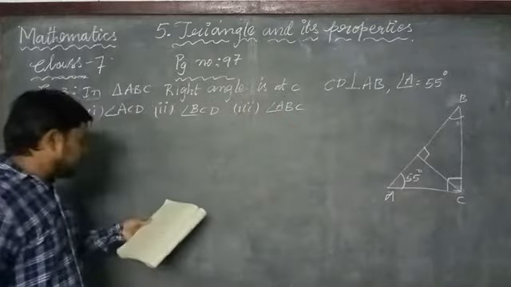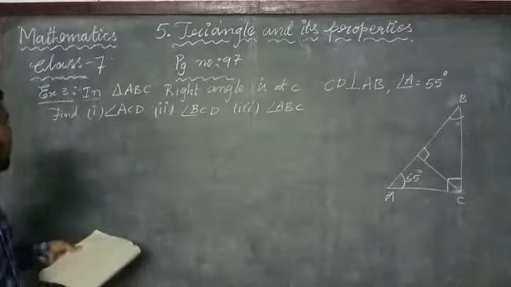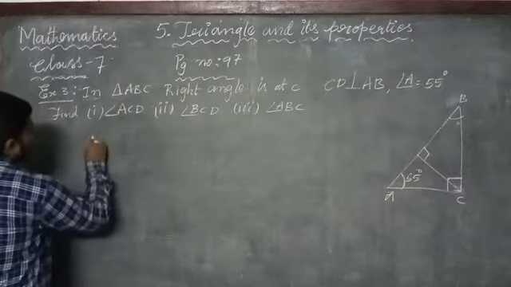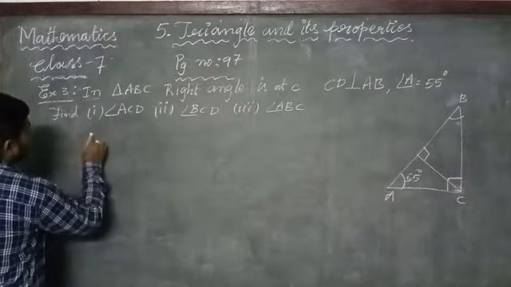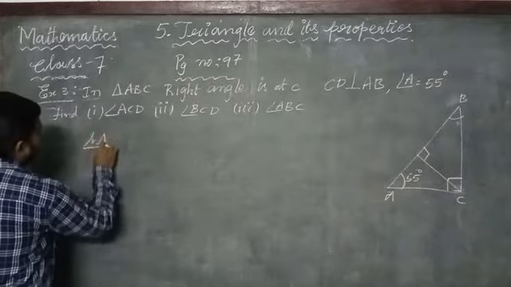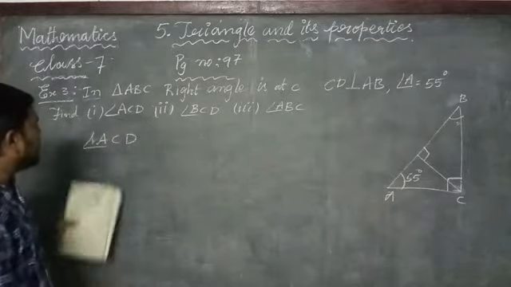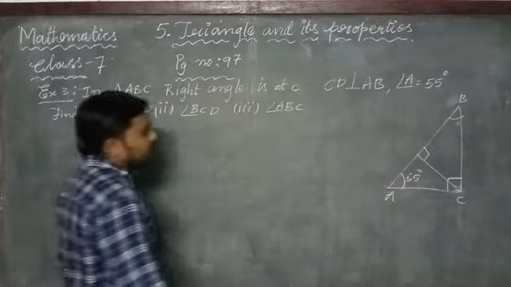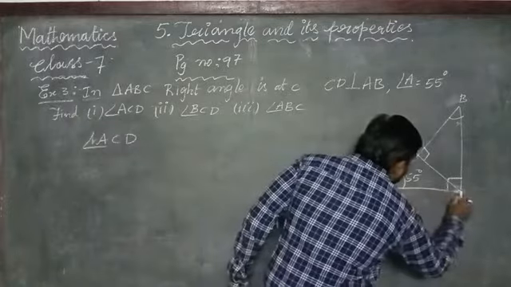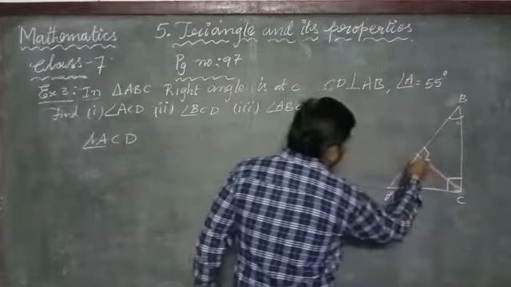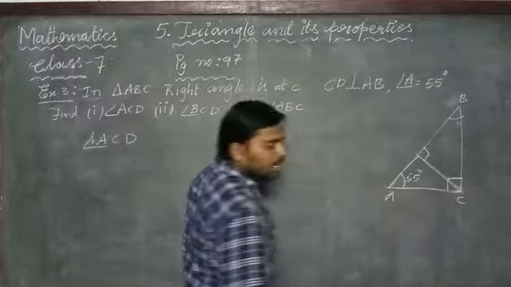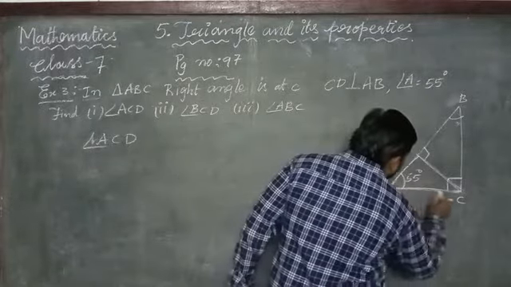Okay. Now let us find out the angle ACD. The first one is angle ACD. Here they have taken the triangle ACD. Suppose if you see these angles, it is making a triangle ACD.